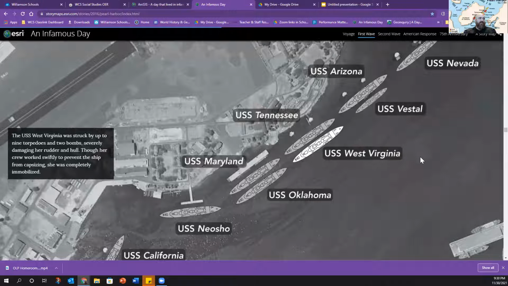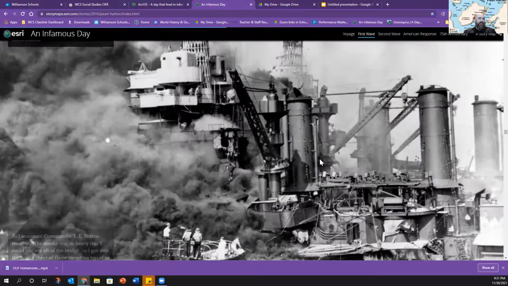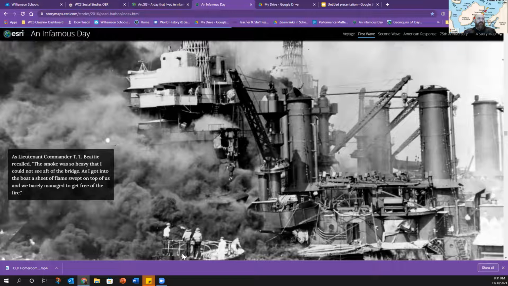All right, so West Virginia struck by up to 9 torpedoes. So it's not having a good day. 2 bombs, the rudder, the hull is damaged, right? It doesn't capsize, but it's completely immobilized. It's not doing anything. And then you see, I can't even imagine trying to see or work or do anything on that.